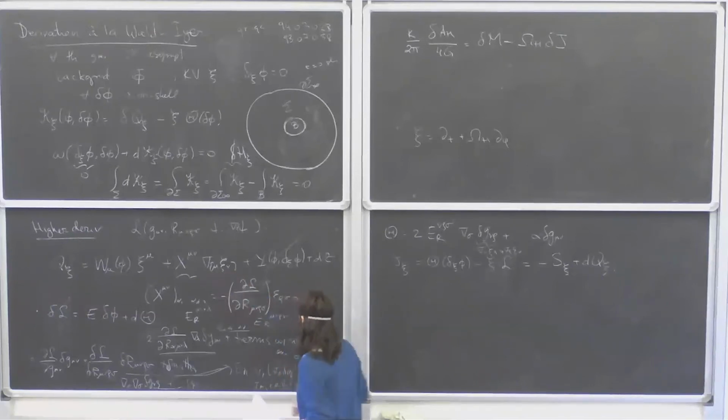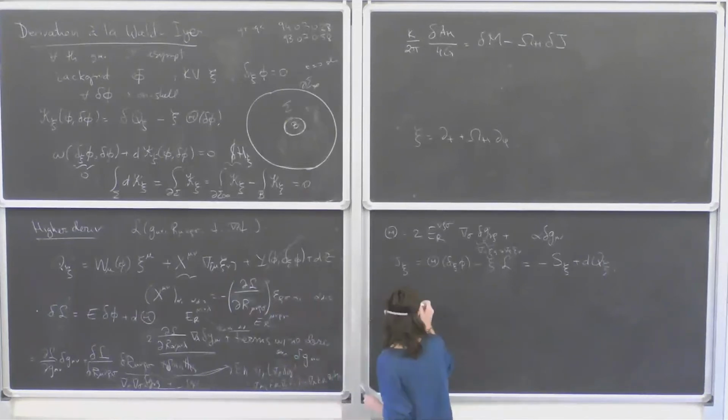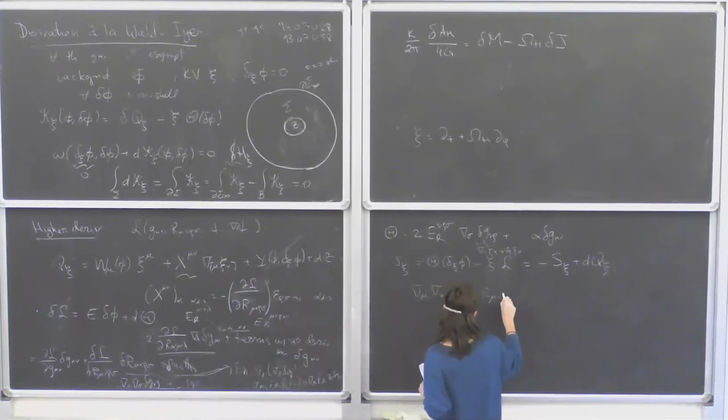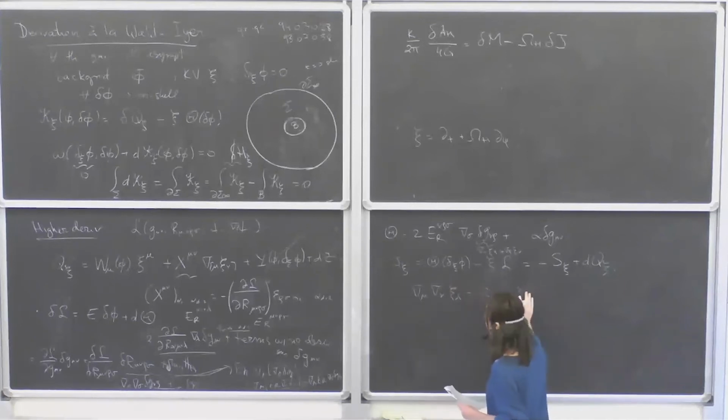The reason that you can put it in this form is simple. In the case of killing vectors, it's very simple. We saw that d mu xi lambda was some r mu nu lambda rho xi rho. I forgot exactly what it was, but it was proportional to xi, so then you don't care.